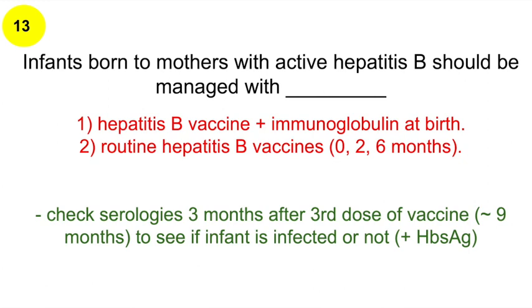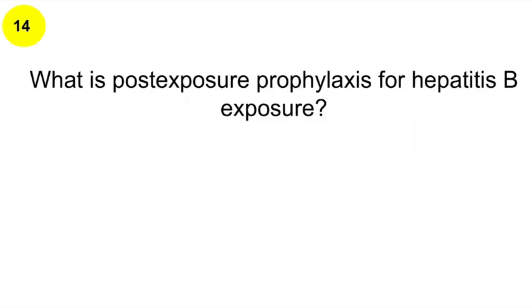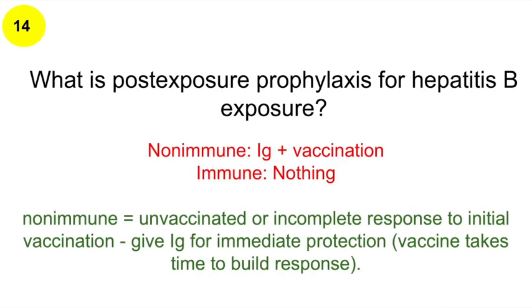What is post exposure prophylaxis for hepatitis B exposure? So, if you are non immune, then you need to give immunoglobulin and the vaccine. However, if you are immune, then don't give anything at all.